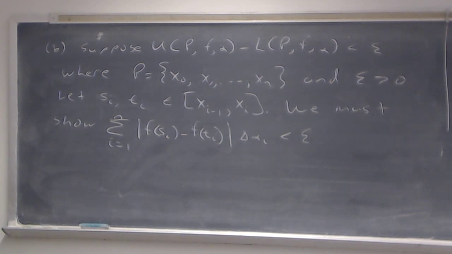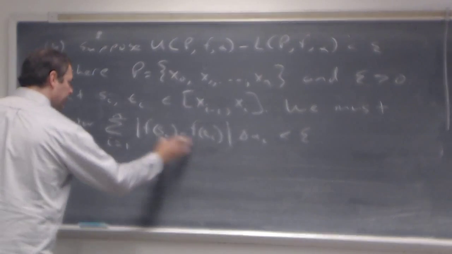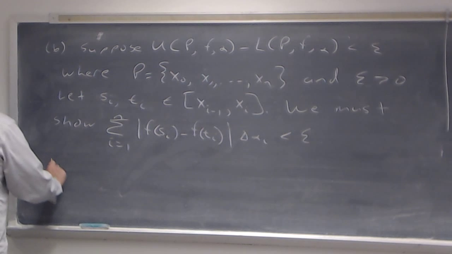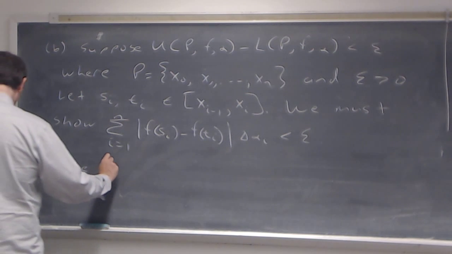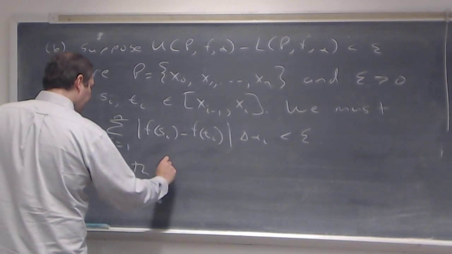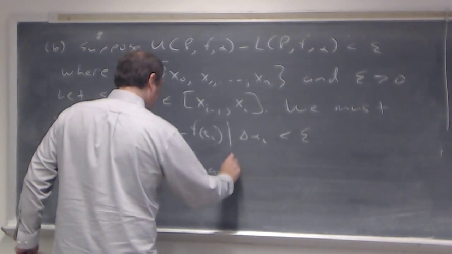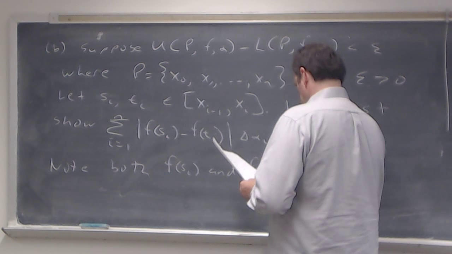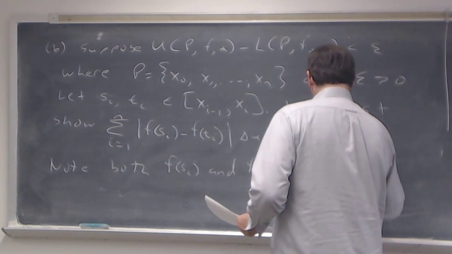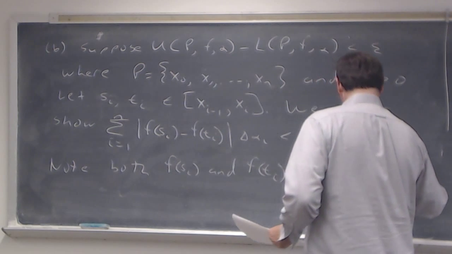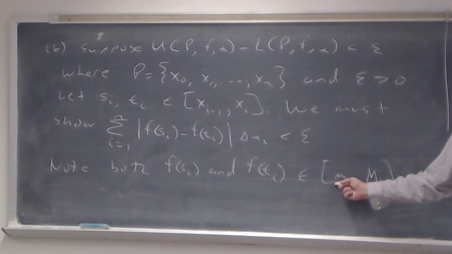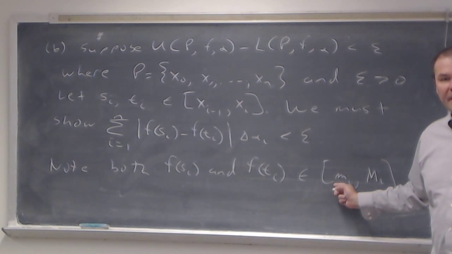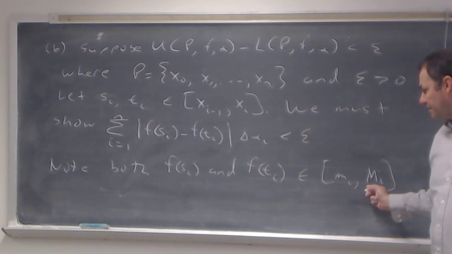But the way we're going to prove this is we're going to concentrate on this part. And so we're going to note both f of s sub i and f of t sub i are elements of m sub i up to big M sub i. Remember, this was the minimum output value on the subinterval from x sub i minus 1 up to x sub i, and this was the maximum.